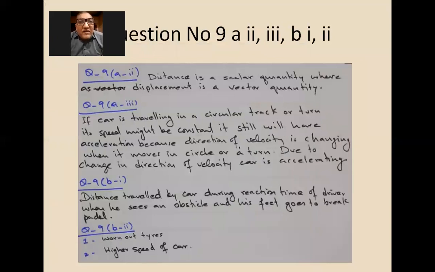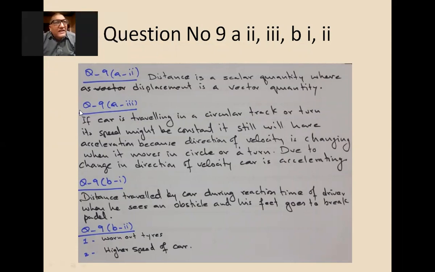So the distance traveled by the car during the reaction time of the driver, when he sees an obstacle and his foot goes to the brake pedal, that is known as the thinking distance. And the two reasons we have to mention, there are many reasons, you just have to mention two. For example, I have written here worn out tires and high speed of the car. They make the braking distance larger.